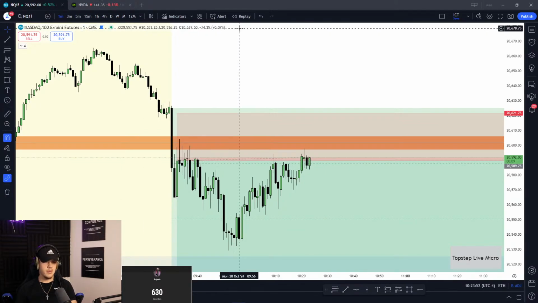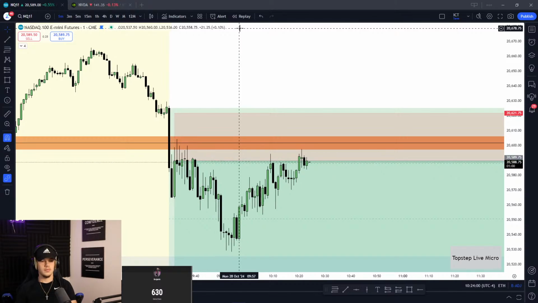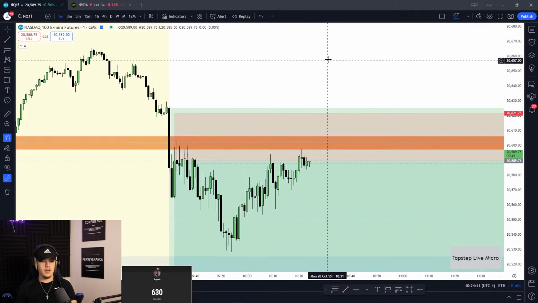Price still hasn't made a lower low. We're topping that 5-minute breaker there.